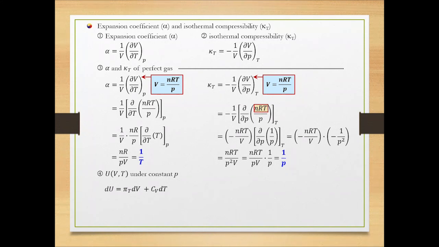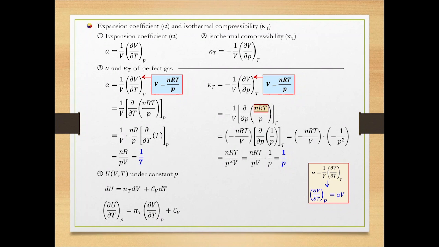Both sides of the equation can be divided by dT. Keep in mind that the system is under constant pressure. Now, the equation can be modified like this. The expression for the expansion coefficient can be modified with respect to dV over dT at constant pressure, which is alpha V. This can be plugged into the equation, which leads to alpha pi T V plus CV.